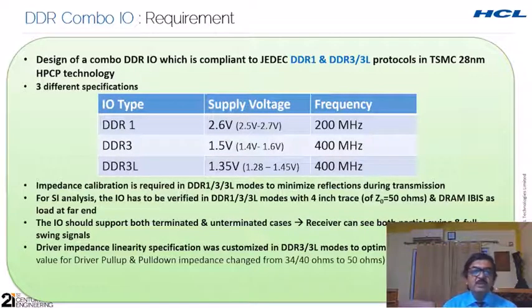We also had to support the terminated and unterminated cases, where the receiver could receive partial swing or full swing signals. The driver impedance linearity spec had to be customized: according to the standard specs, the nominal driver pull up and pull down comes from 40 ohms, which was standardized to 50 ohms here.